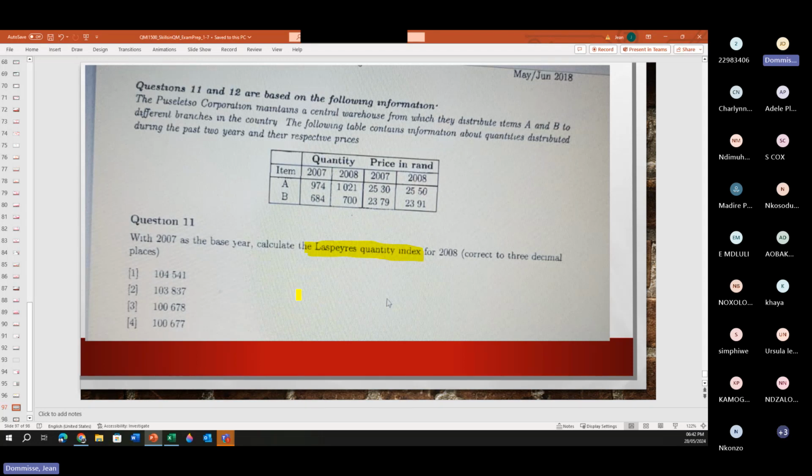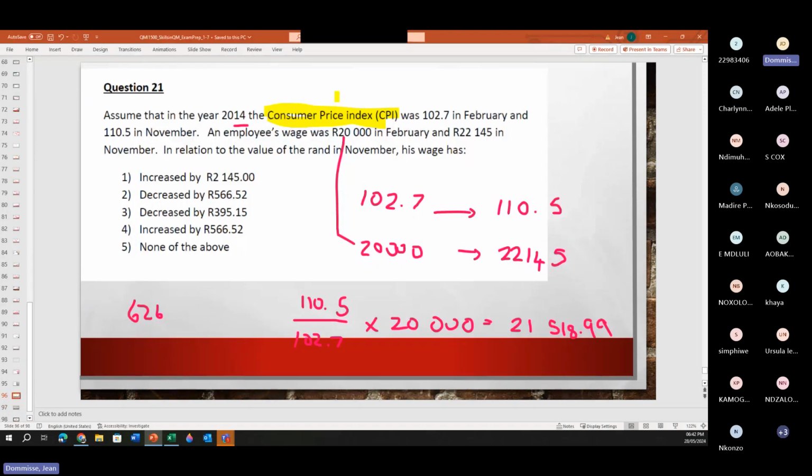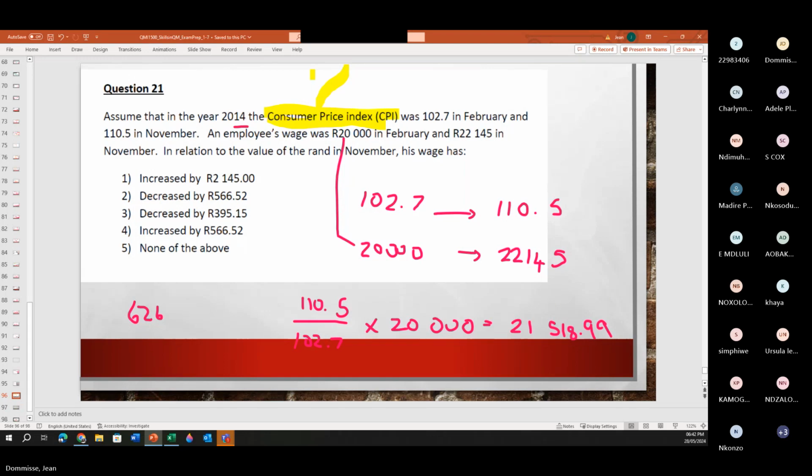So for you guys, if you see this in a previous exam paper, don't worry about this. Don't worry about it unless we are just working with ratios.